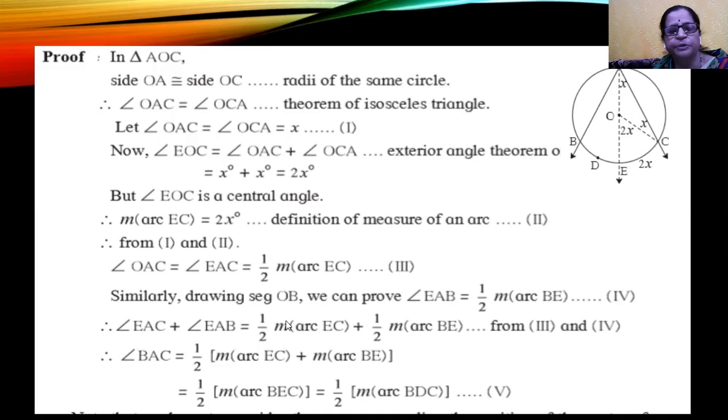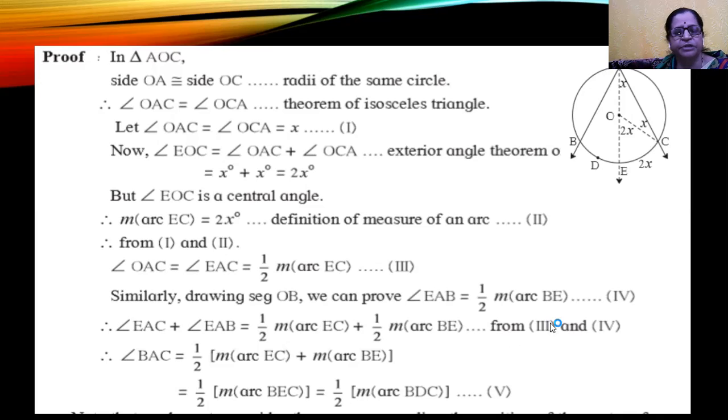This is equation 2. From equations 1 and 2, we get that angle OAC, which is angle EAC, is equal to half of major arc EC. This is equation 3. Similarly, draw a segment OB, and we can prove that angle EAB is equal to half the measure of major arc EB.